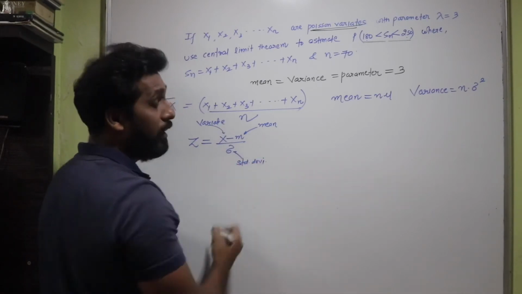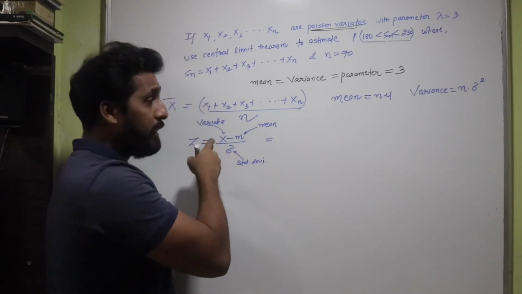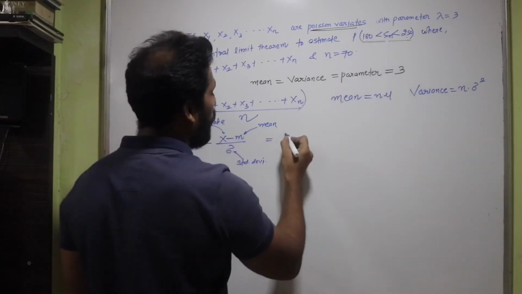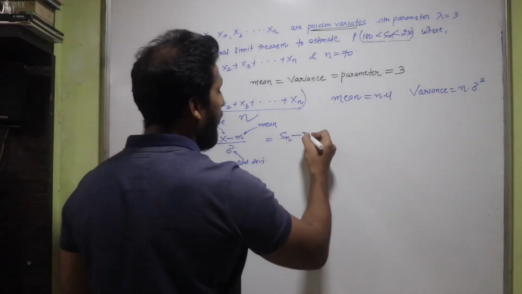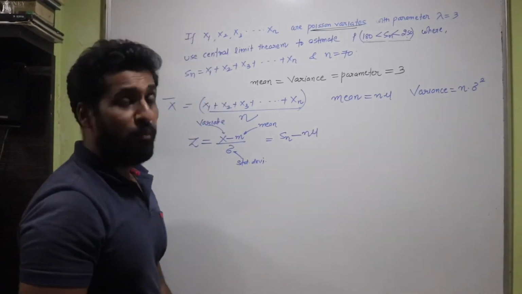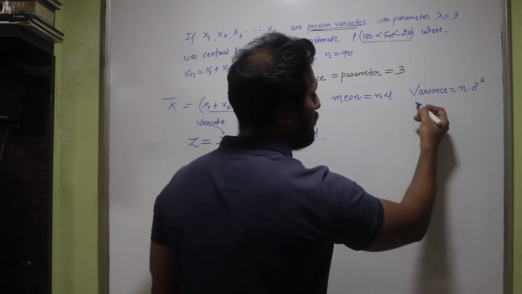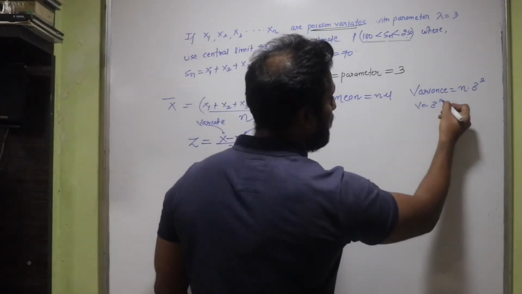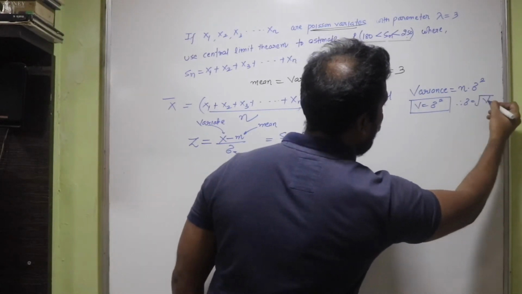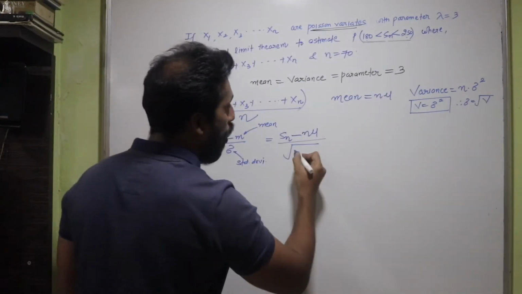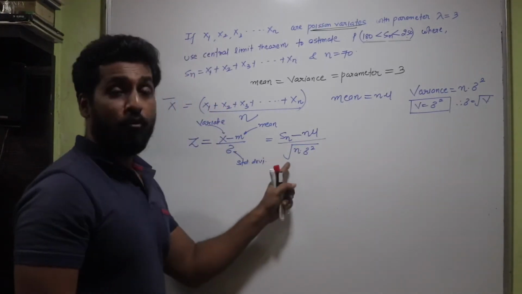In our case, x is actually Sn. So I'm going to write Sn minus m, the mean, which is n mu, upon sigma. We all know that variance is equal to sigma square, so sigma becomes the root of the variance, so I can write root of n into sigma square. That becomes the formula for finding z.